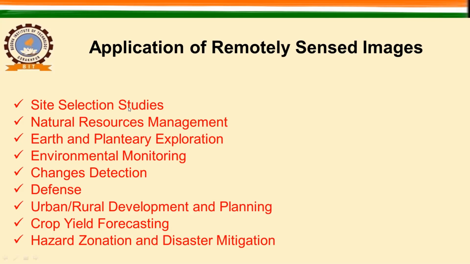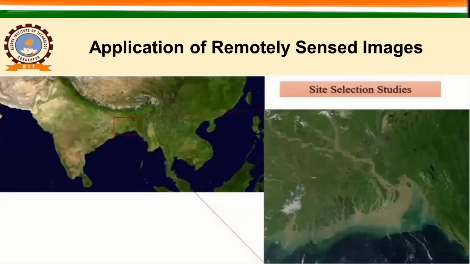Okay, so here I will give you some overview. If you want to do some site selection for your studies, here you can see one example where we are using remote sensing data to build a new house or a new mall.